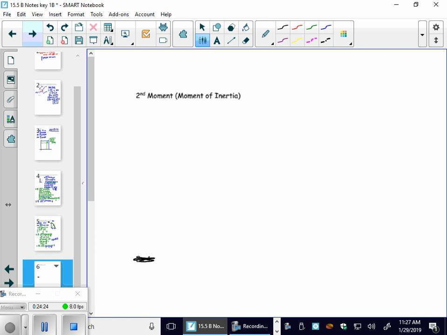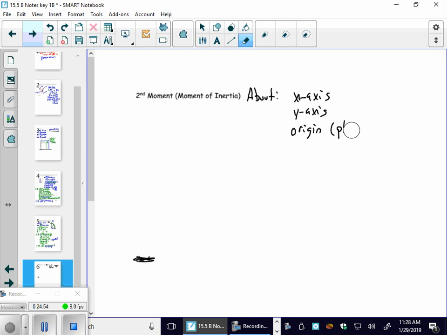you can have basically 3 types of second moments. Thinking about it almost like it's not a second derivative, but a second way to measure this. They're called the moments of inertia. Again, this is more of a physics topic. You can have a moment of inertia about the x-axis, about the y-axis, and about the origin, which is also known as the polar moment.